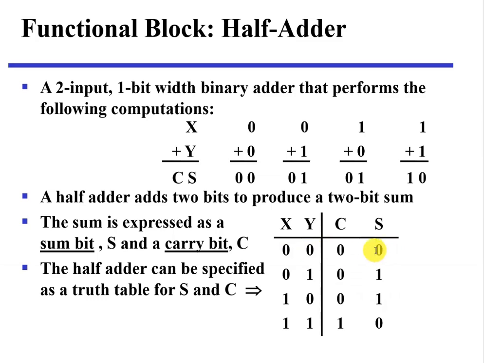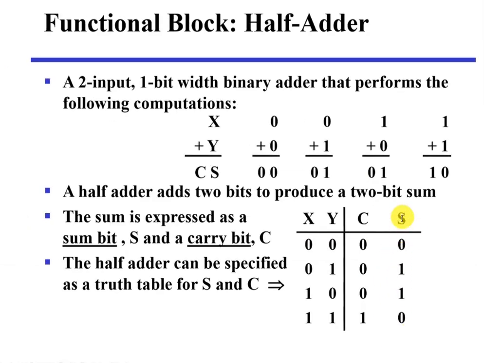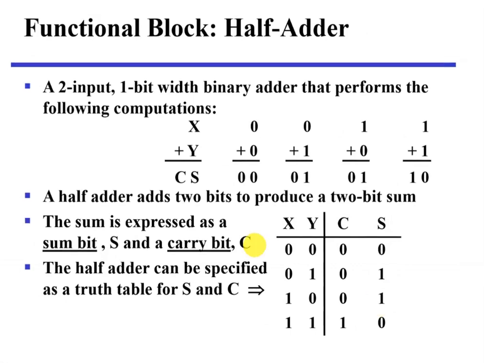So 0, 0, 0; 0, 1, 1; 1, 0, 1. This reminds us of one of the operations that we have reviewed, in other words, the exclusive OR operation. So again, given 2 input bits, the half adder performs the following operations.